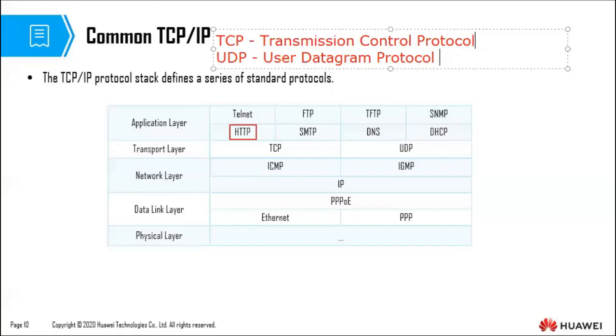Connectionless means you just start sending data without establishing a connection first. Are you getting the point? Yeah, so TCP is connection oriented. UDP is connectionless.